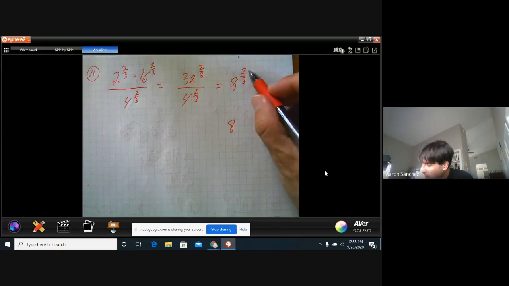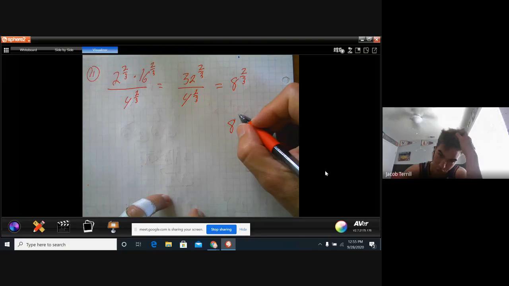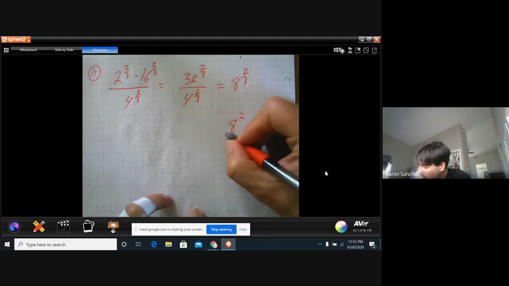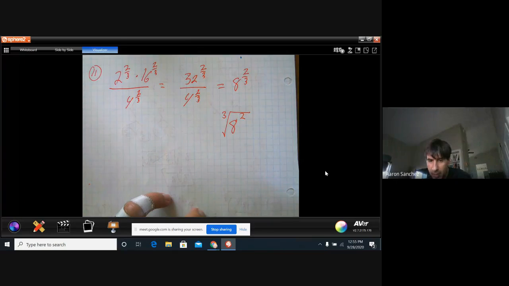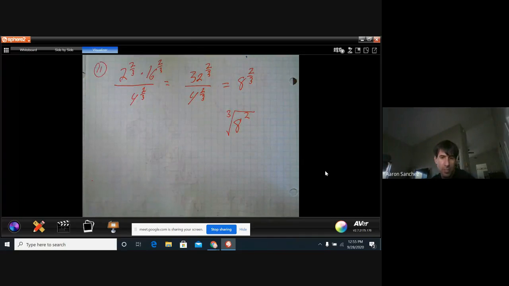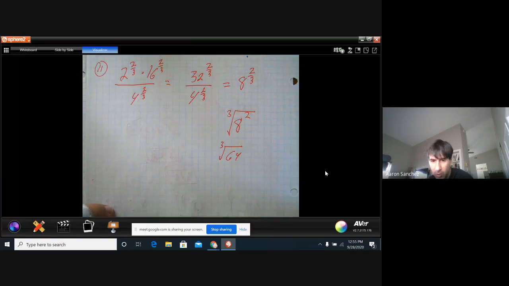You have a 50-50 chance. Is the 2 the exponent or the 3 the exponent? The 2. Great. So that means this is the root, right? Yes. Okay. Thank you, Jacob. Now, can we simplify that? Just say, what's 8 squared? 64. And then the cubed root of 64. What can we multiply by itself 3 times to get 64?